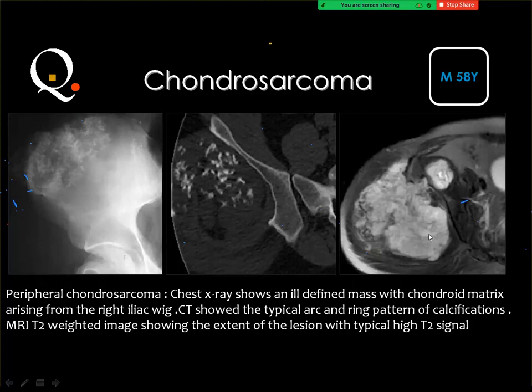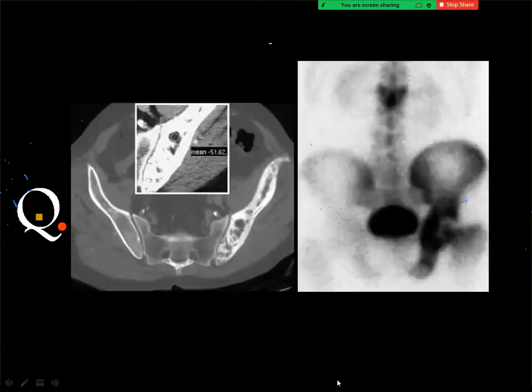But one of the values of MRI is to see this part of the lesion across the iliac bone, and another finding is to look at the brightness of the lesion in the T2 weighted images, which is one of the criteria of chondromatous tumors like chondrosarcoma and chordoma. Next case.